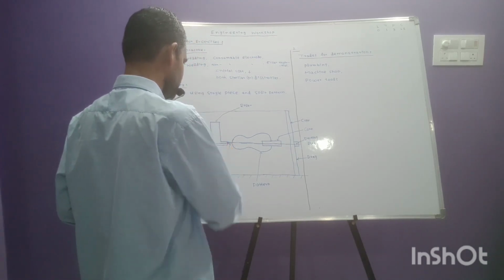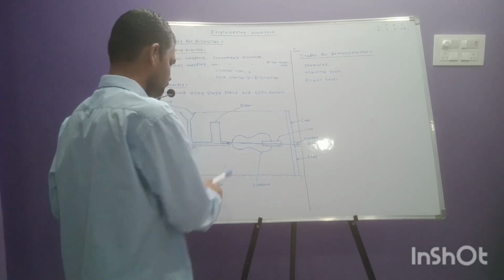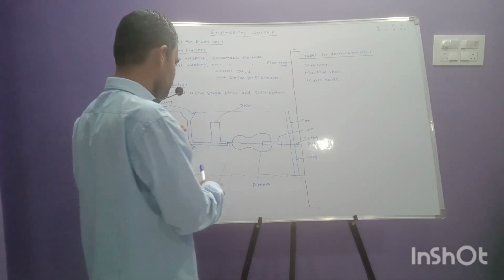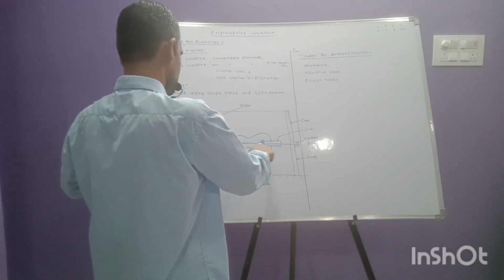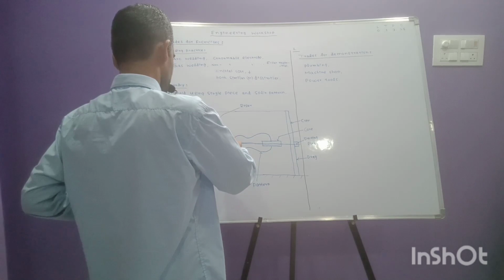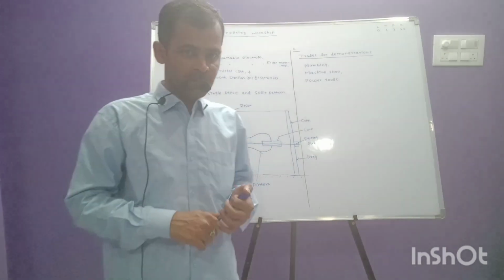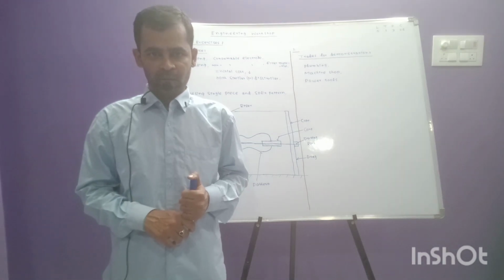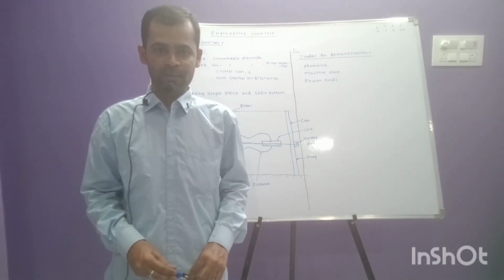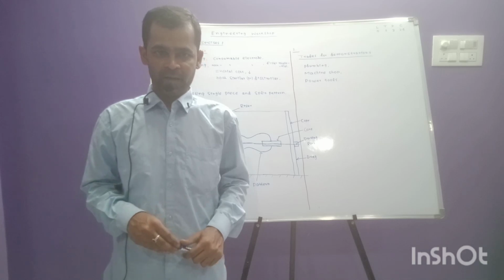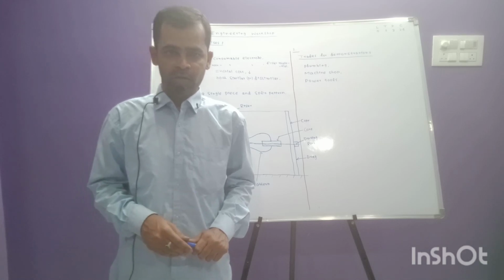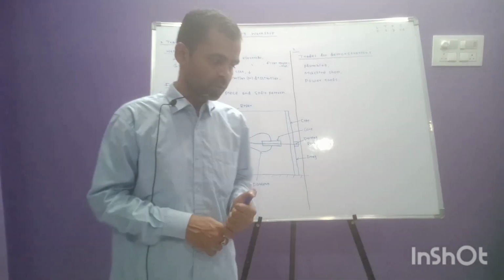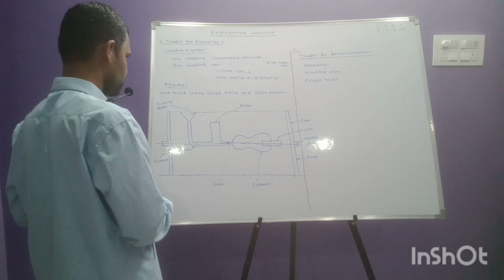After the mold is prepared, the pattern is taken out and the material is poured here, and it is kept in the oven. After it is solidified, the mold is opened and the extra portions of the casting are machined, cut or removed from the main object. So this is what happens in foundry.